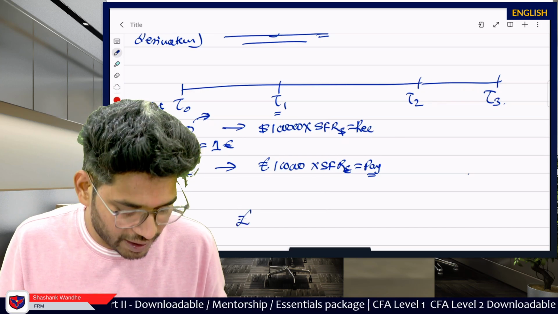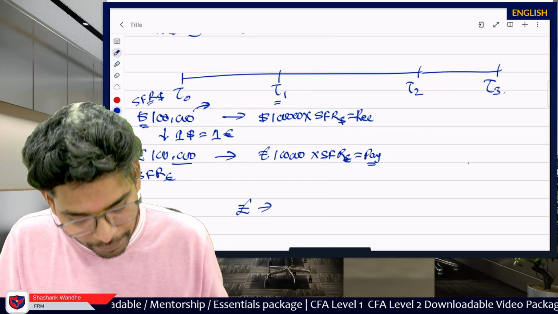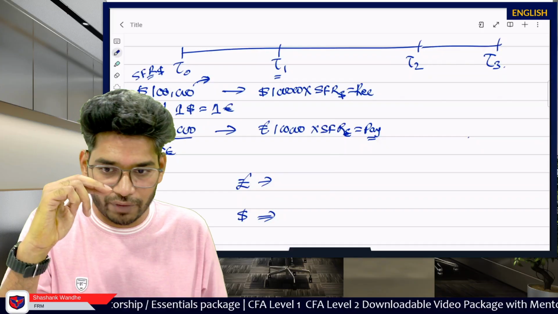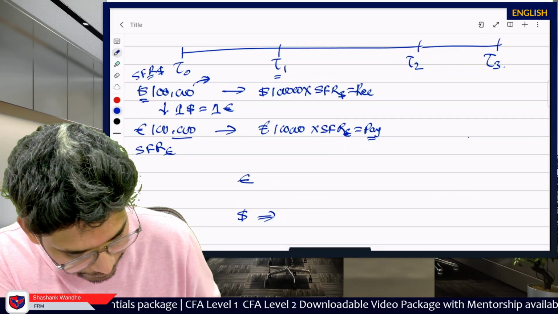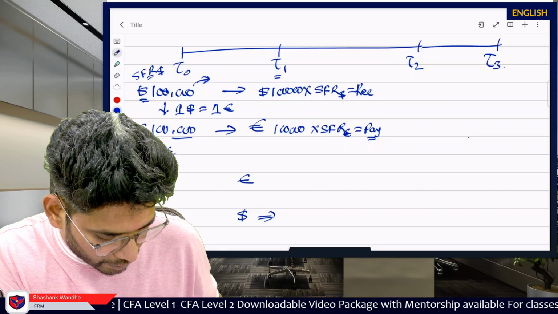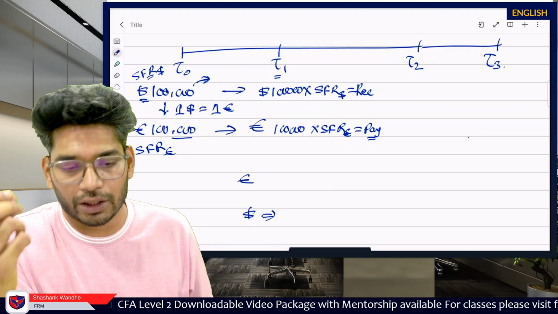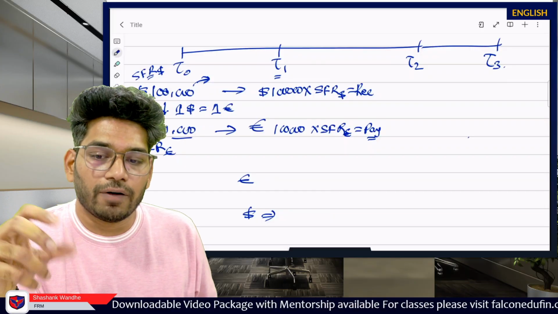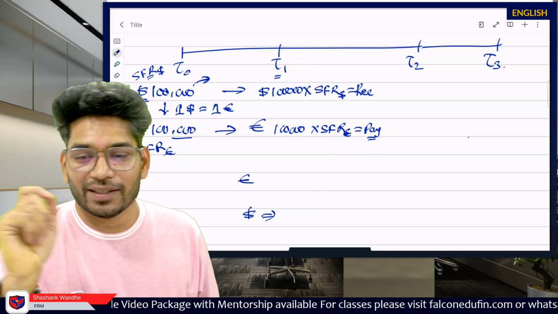So let's say the question is about the euro, then you have to convert the dollar into the euro and then compare euro to euro. I said pound by mistake, it is euro. And if you have the dollar in the question, then you have to convert the euro into dollars.